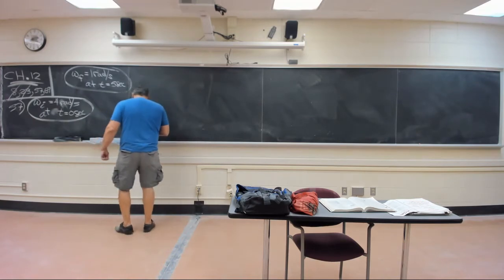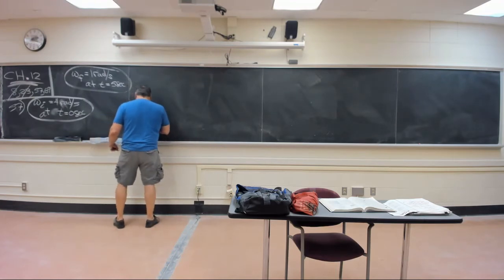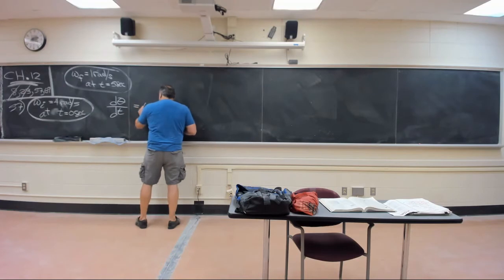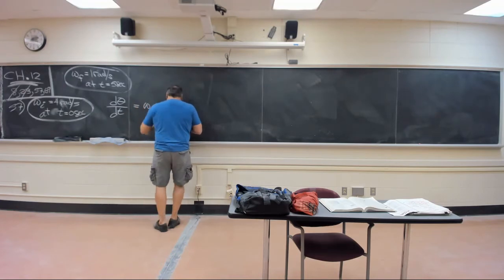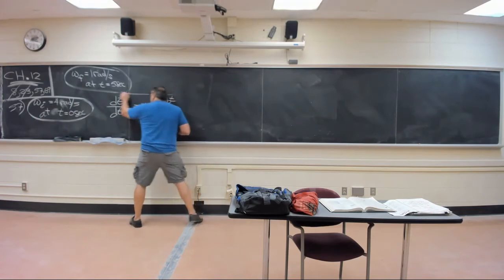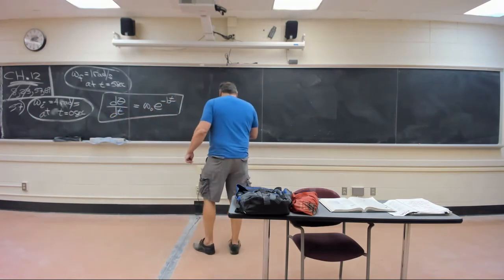They're telling us a number of things here, so let's work with them. This is kind of the grandfather of the whole thing. D theta dt is omega sub 0 e to the negative bt. Absolutely true.